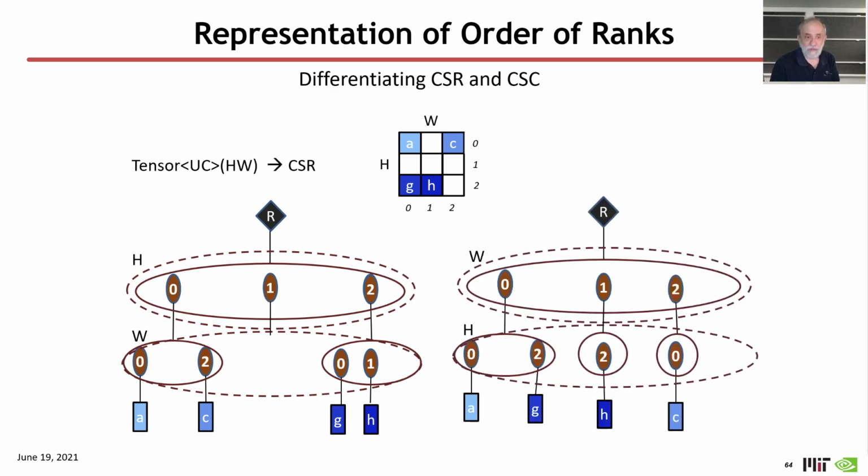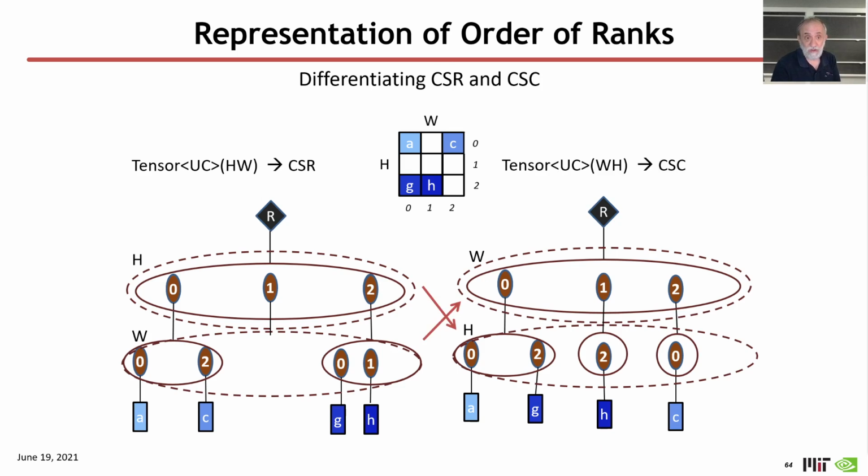I could do something where I reverse the order of the ranks. So now I have ranks W and H, where W is now the top rank, and the points, however, are the same. So let me do one that makes sense. So 2, 1 is H. So 1, 2, where I've reversed H and W, is H. So what is this?